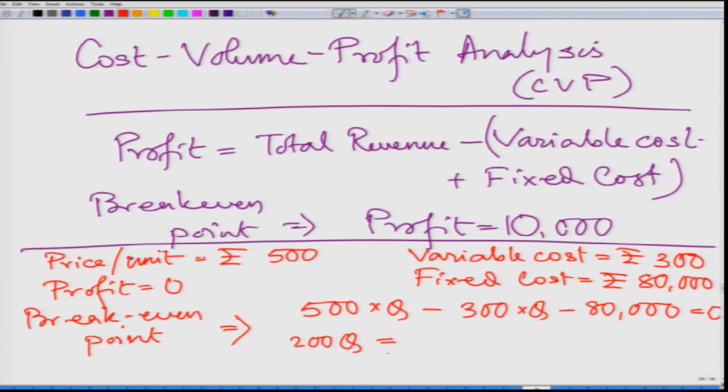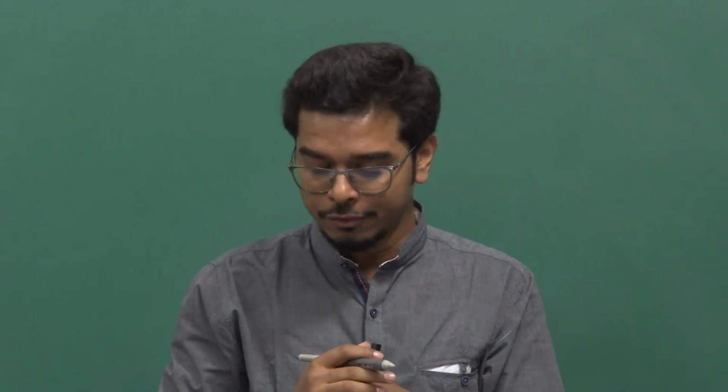Moving 80,000 to the right-hand side, 200Q equals 80,000, which gives Q equals 80,000 divided by 200, which is 400. So to attain the break-even point, I must produce at least 400 units of product.